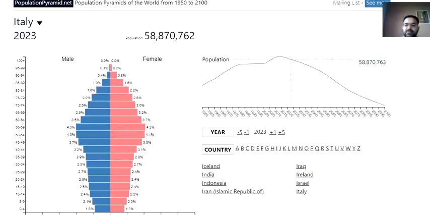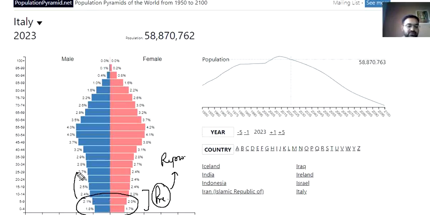And now if I'm talking about, say, Italy, have a look at this specific pyramid here, the base which consists of pre-reproductive individuals. Now these pre-reproductive individuals after 10 years are going to become reproductive, then obviously you can see the percentage of pre-reproductive individuals is less.